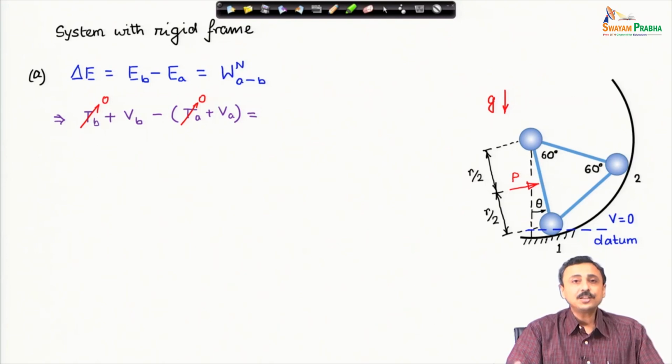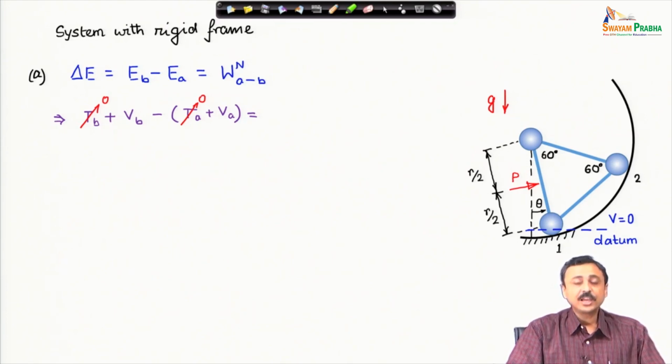It must just reach that position, therefore the kinetic energy at B must be 0, and it is only potential energy. Similarly, the system started off in state A at theta equal to 0 with 0 velocity, so the kinetic energy in state A is 0, and it is only the potential energy.